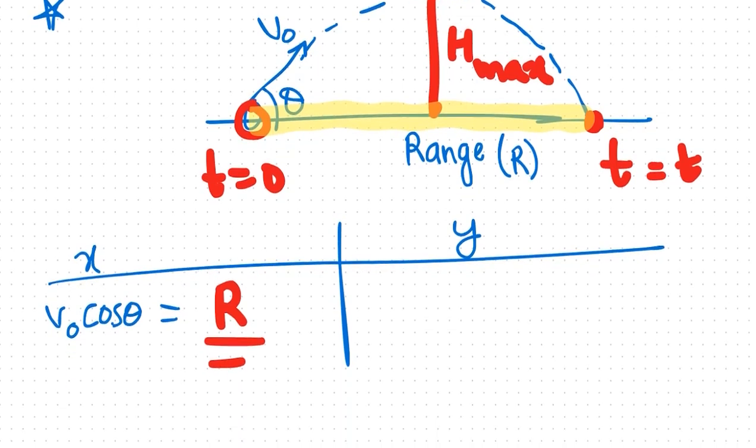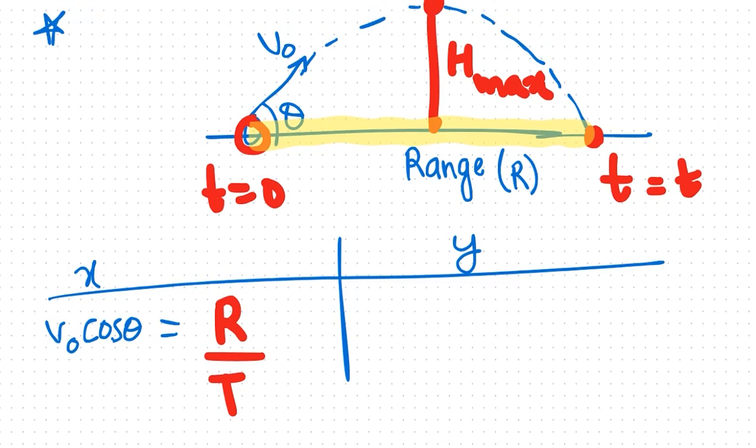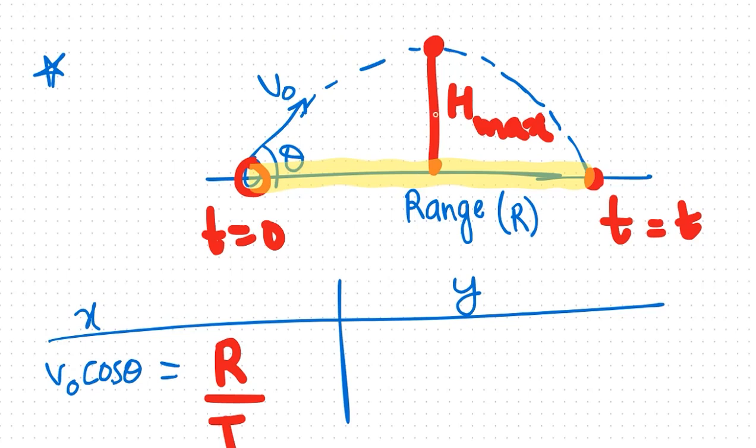So R upon T. In the y direction, there is an acceleration. Let's say we consider the journey from here to here, the initial point to the highest point.